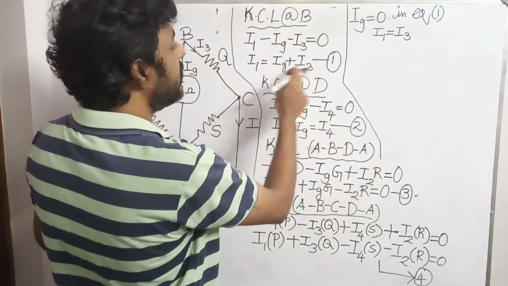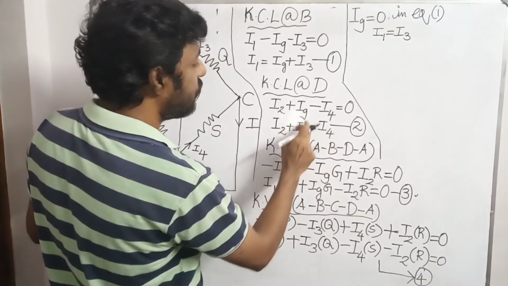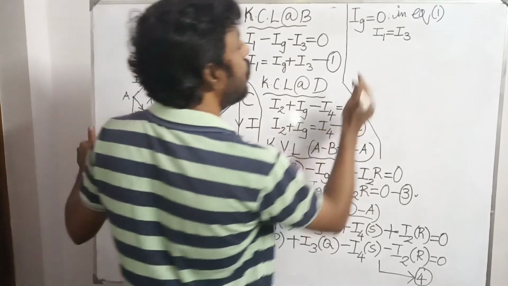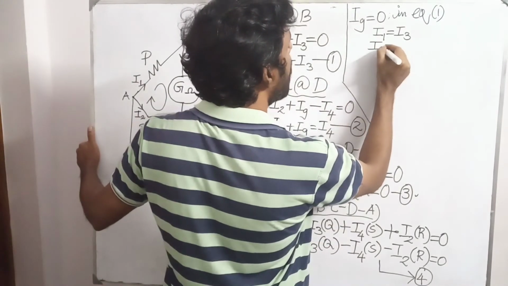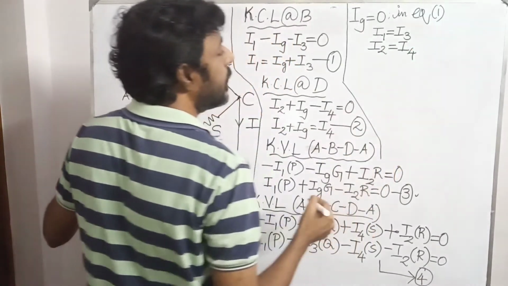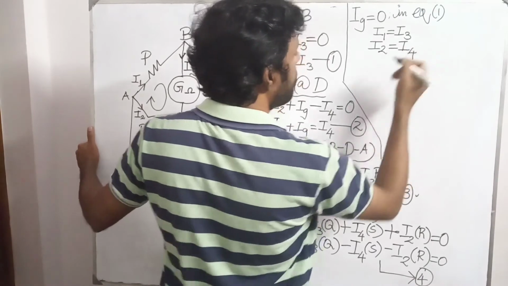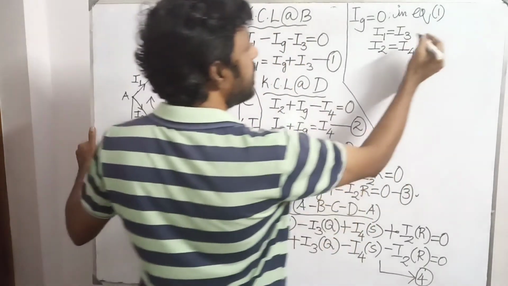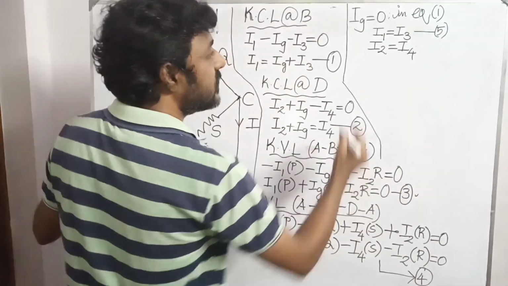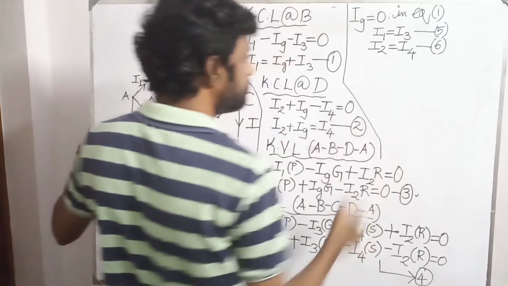Again, in equation 2, if I put Ig equal to 0, I2 will be equal to I4. So I1 is equal to I3, I'll name it as equation number 5. And similarly I2 is equal to I4, I name it as equation number 6.